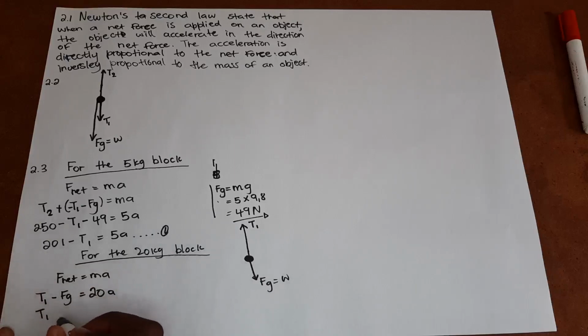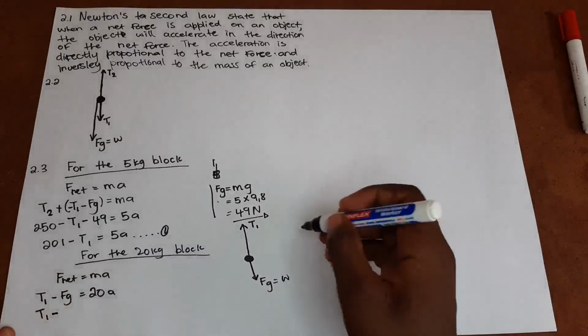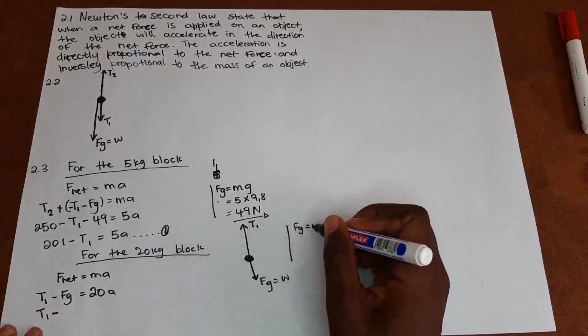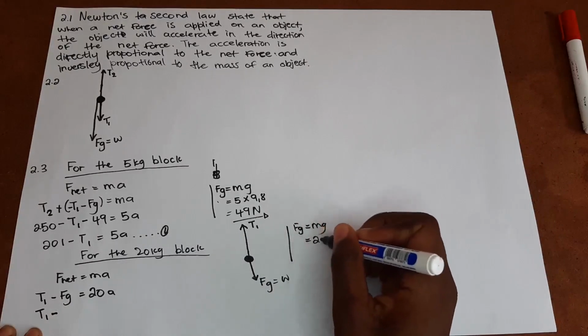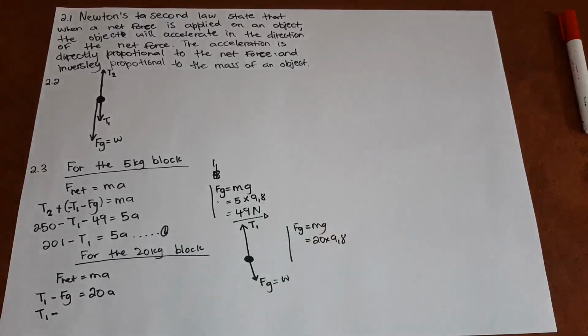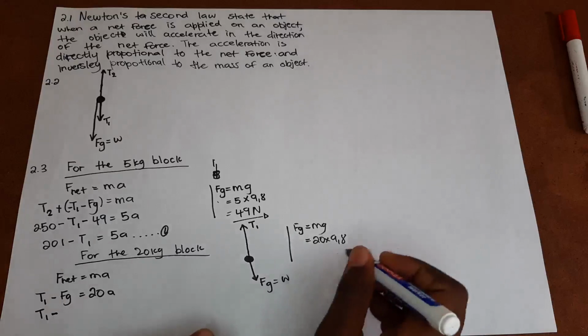So what's our T1? Our T1 is unknown, minus what's our FG, the gravity for this 20 kg block. So FG is equal to mg is equal to 20 multiplied by 9,8. Let's press our calculators. 20 multiplied by 9,8 gives us 196 newtons.